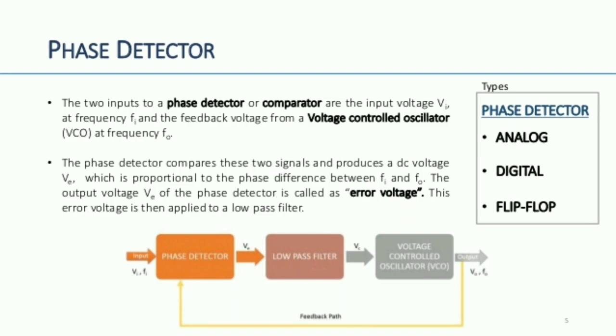The output voltage VE of this phase detector is called the error voltage. This error voltage is in turn applied to the low pass filter.